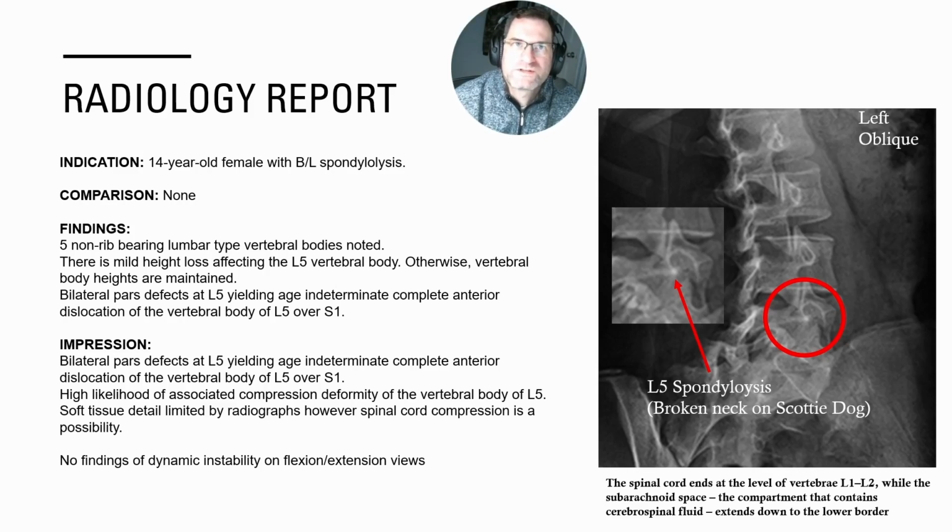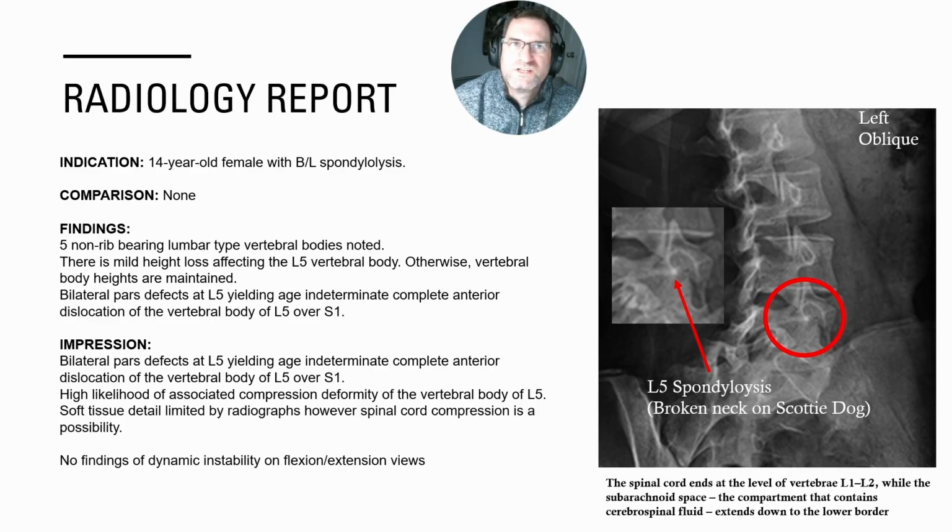There are no comparisons. The findings are 5 non-rib bearing lumbar type vertebral bodies noted. There's a mild height loss affecting the L5 vertebral body. Otherwise, vertebral body heights are maintained. Bilateral pars defects at L5, age indeterminate. Complete anterior dislocation of the vertebral body of L5 over S1.